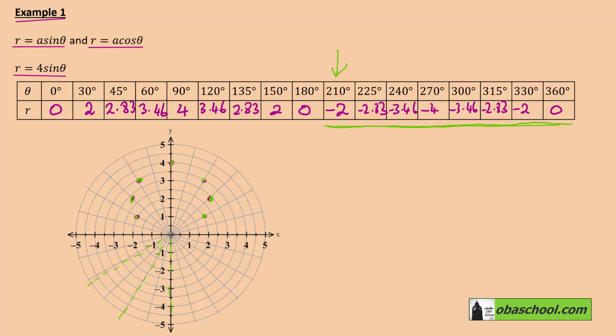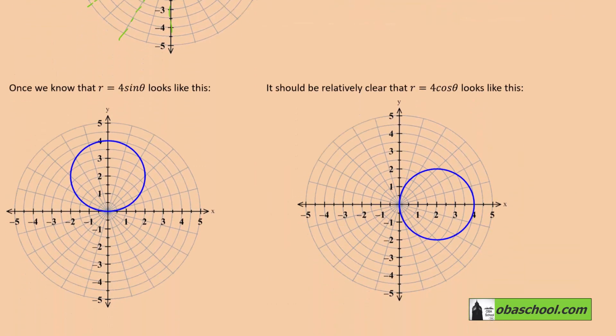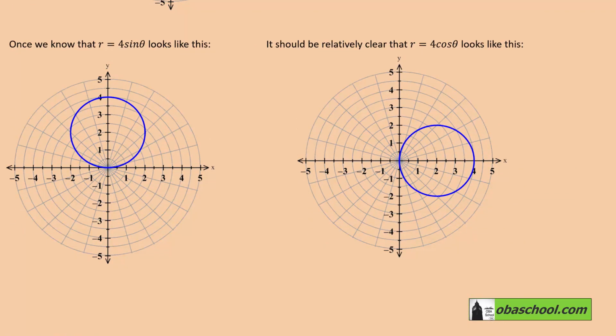The picture we've built up is of a circle. So it's going to look something like that. In fact, I have a better picture of it just here. So r equals 4 sine theta looks like this.